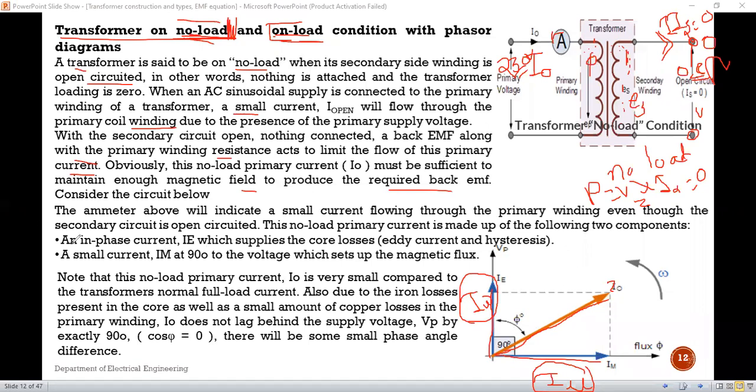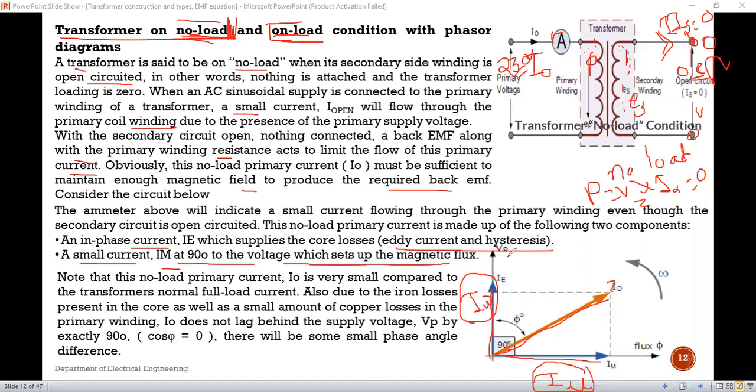See, the in phase current IE supplies the core loss and eddy current loss, and a small amount of current IM at 90 degrees to the voltage sets up the magnetic flux.